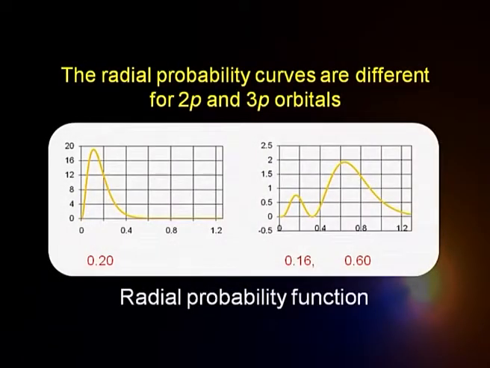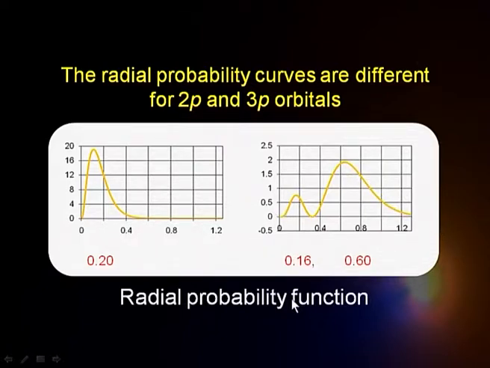But what is important for me to share here is that if I look at the radial probability curves, that is 4 pi r square R square versus r curves, I find that for 2p orbital, there is a maxima and then it comes down, comes to 0. For 3p orbital, I find that this value is very small here, comes to a smaller maxima, comes down to 0, starts increasing, comes to a larger maxima, and continues like this.